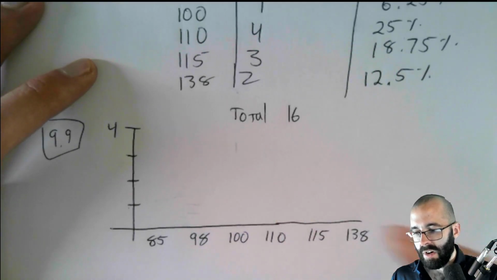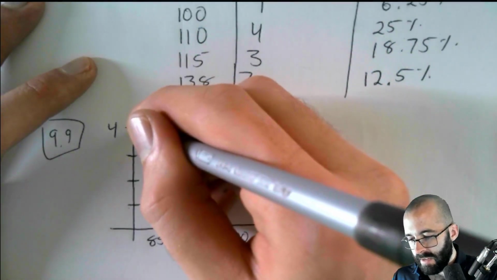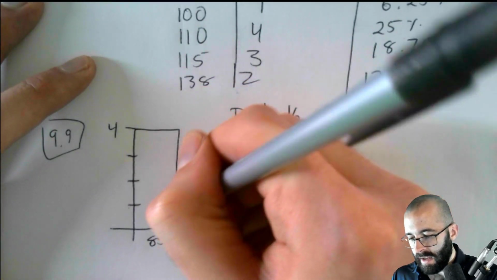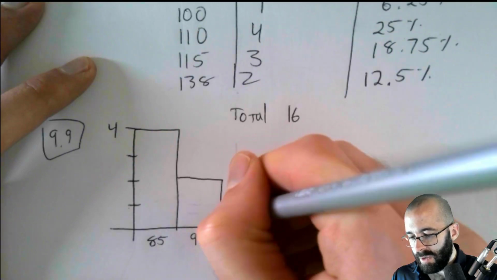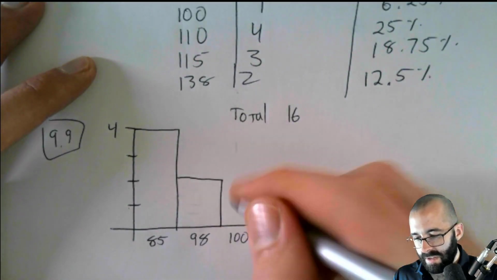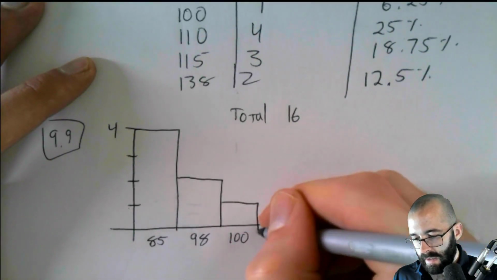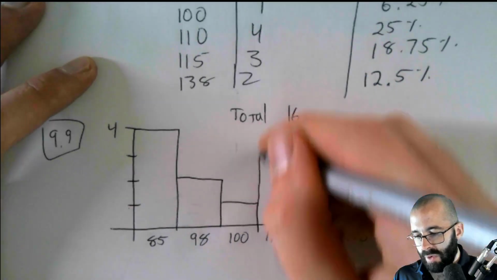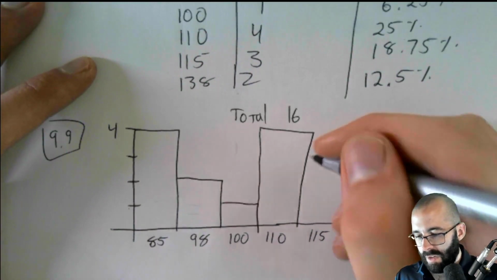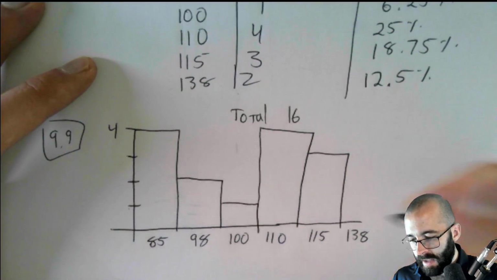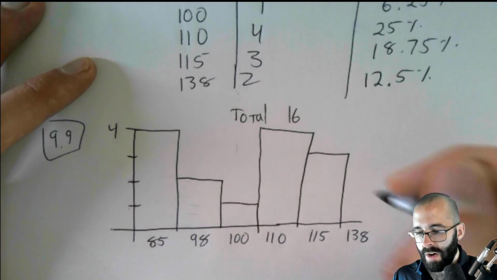And now our bars are all going to touch each other. So 85 goes up to 4. 98 goes up to 2, and now they're touching each other. 100 is only 1. 110 is up to 4 again. 115 is up to 3. And 138 is up to no good.